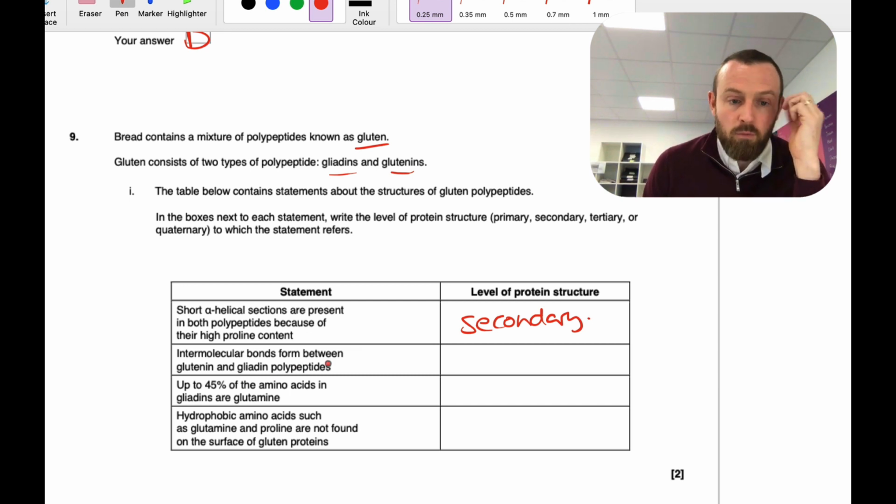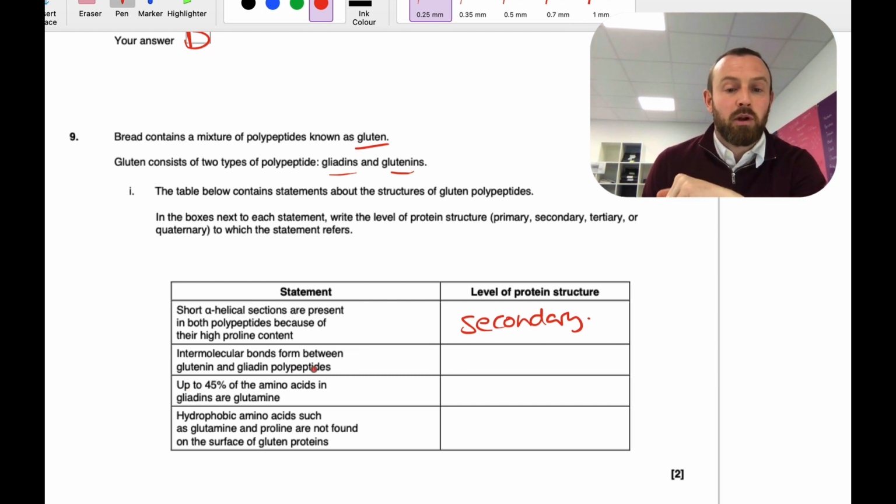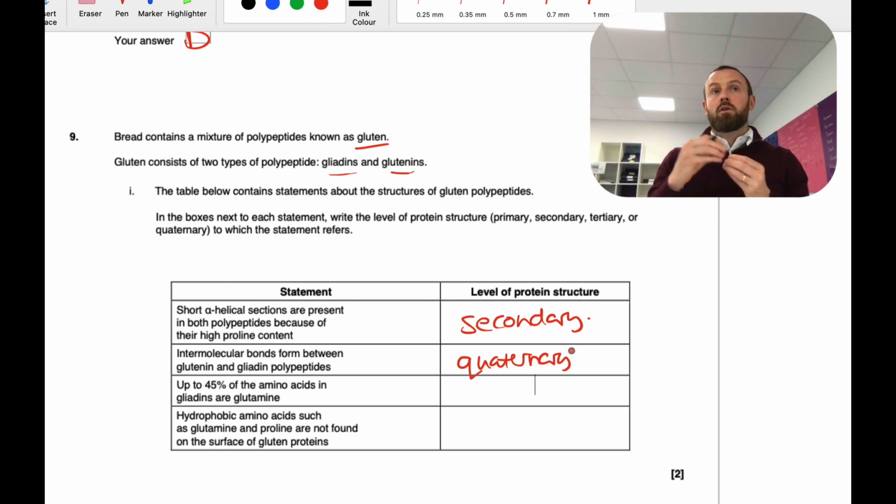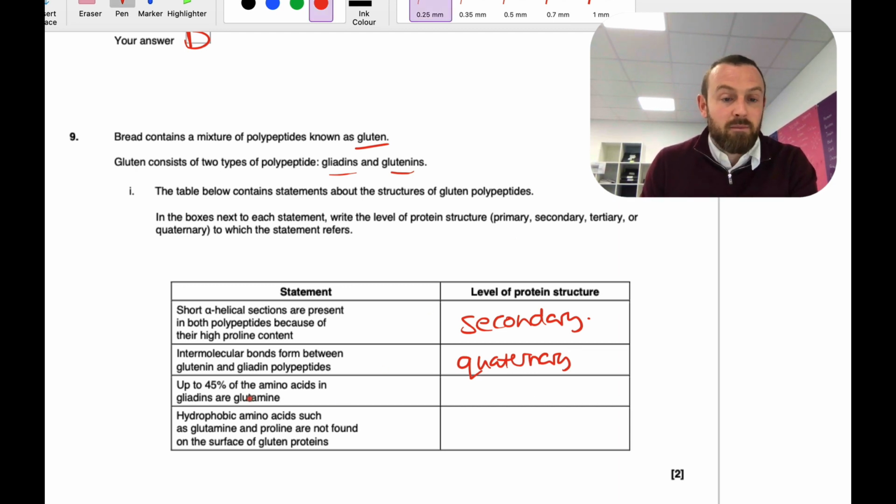Intermolecular bonds form between glutenin and gliadin polypeptides. This is quaternary, because remember, quaternary structure is anything to do with multiple polypeptides joining together, or if we have a polypeptide and then a prosthetic group is also coming in, for example, in the protein myoglobin or hemoglobin. 45% of the amino acids in gliadins are glutamine.